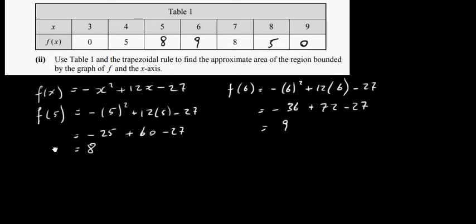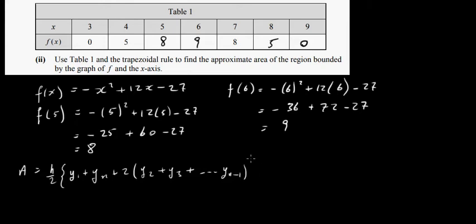So I'll write down the formula you need to use for the trapezoidal rule. The area is going to be equal to h over 2, and then we've got y1 plus yn plus twice all the other ones, so that's y2 plus y3 all the way up to the second last one, which is yn minus 1.